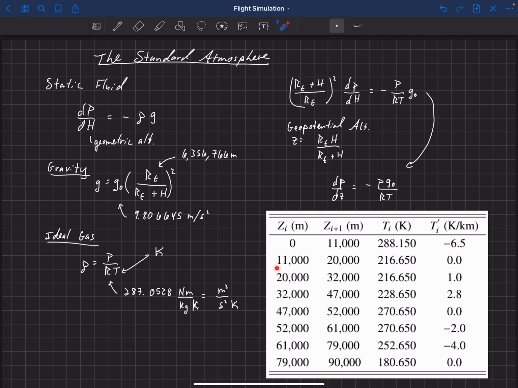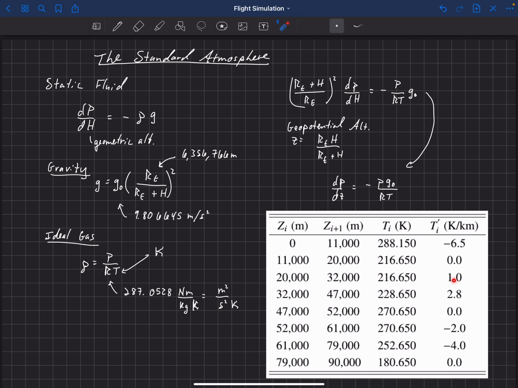Then we get up to 11,000 geopotential altitude, and from 11,000 to 20,000, the initial temperature there at 11,000 is this temperature here, and there's no gradient. So actually that temperature is the same all the way through that region, from 11,000 to 20,000. They assume that it's the same. And so then, of course, at 20,000, we're starting off at that same temperature.